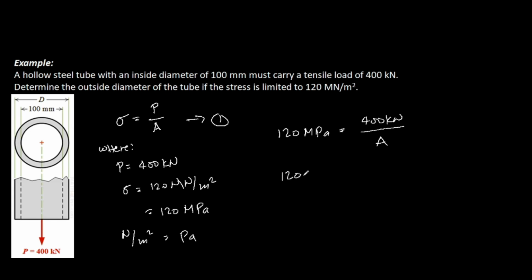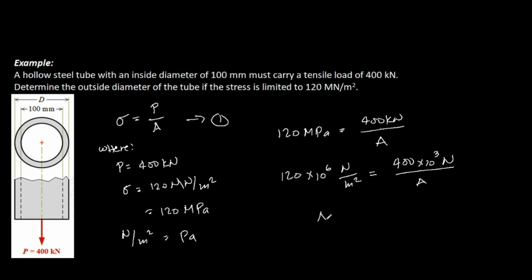So 120 megapascal: mega means 10 to the power 6, and pascal is Newton per meter squared, and it is equivalent to 400 kilonewton, which means 400,000 or 400 times 10 to the power 3, in Newton, divided by the area.